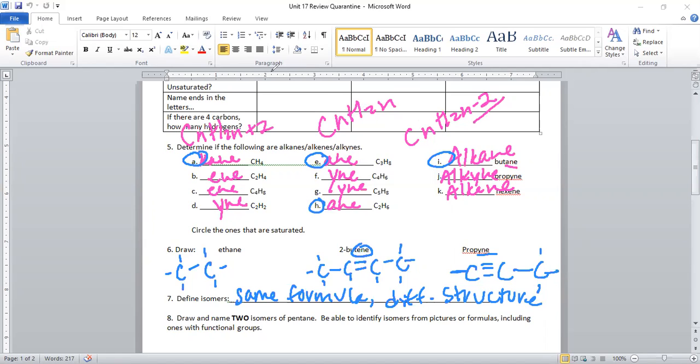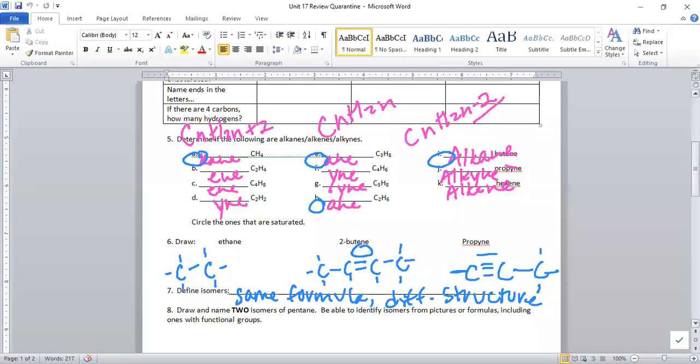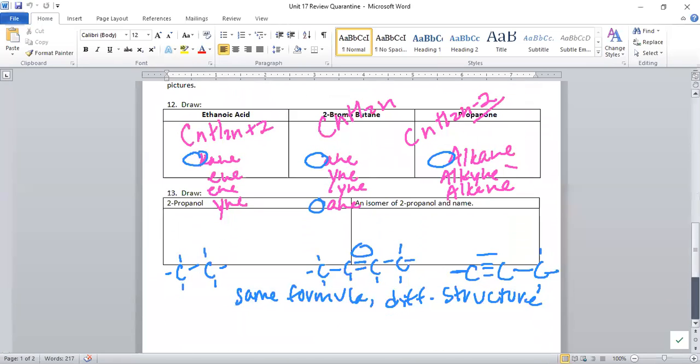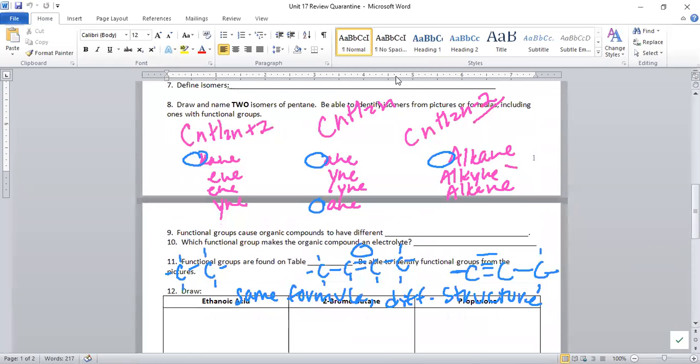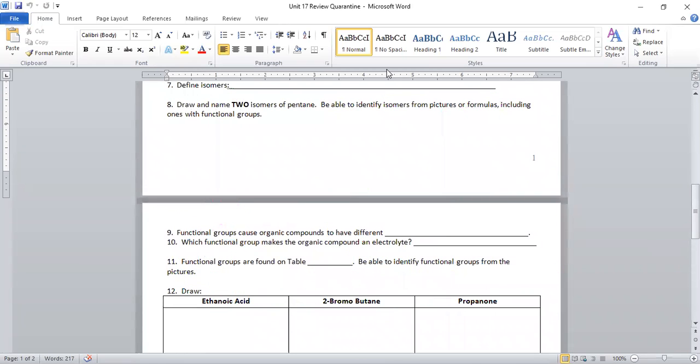So drawing 2 isomers of pentane. All right, so pentane is C5H12. And you can picture it as a chain like this with H's all around it.